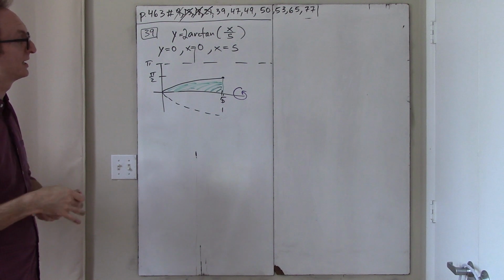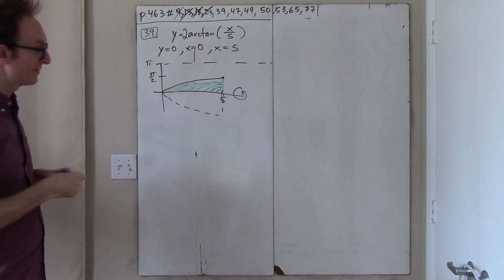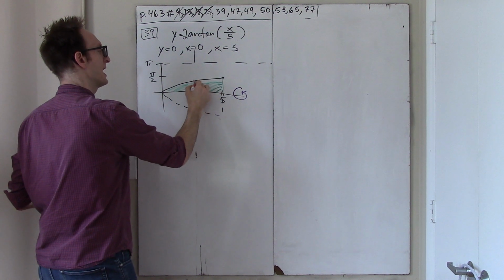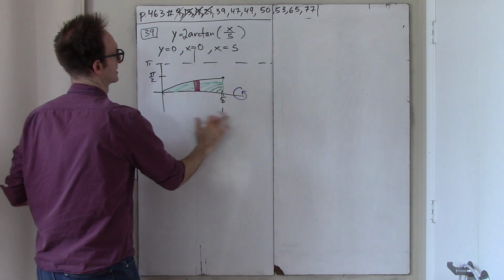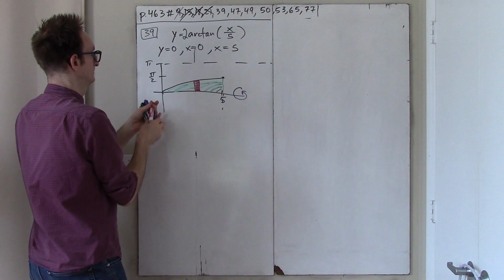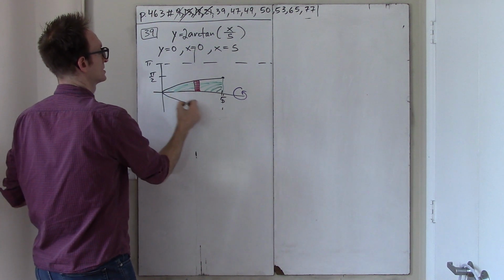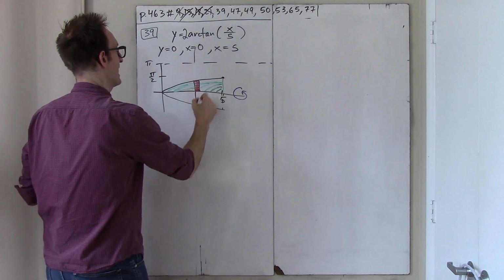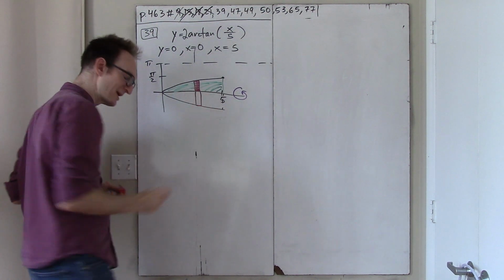And what's the volume of this solid? Well, I draw my representative rectangle. This picture looks kind of bad. Something like that. That's a tiny bit better. So we get a disk.